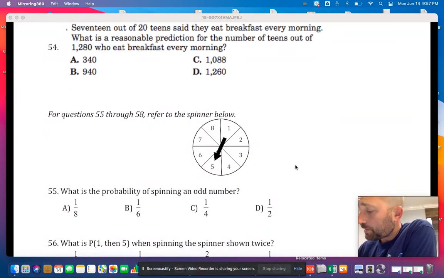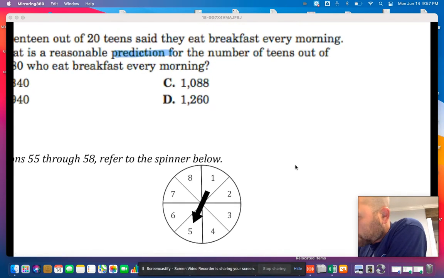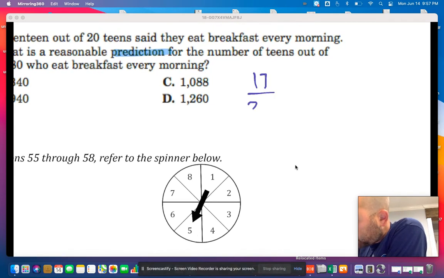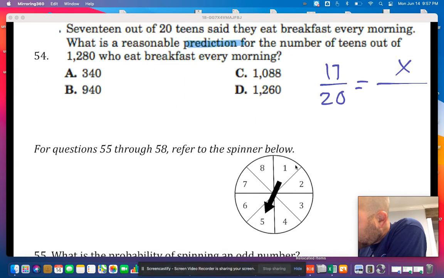17 out of 20 teens eat breakfast every morning. What is a reasonable prediction? Anytime you see this word, prediction, I'm doing a proportion. So 17 out of 20 is equal to x out of 1280.